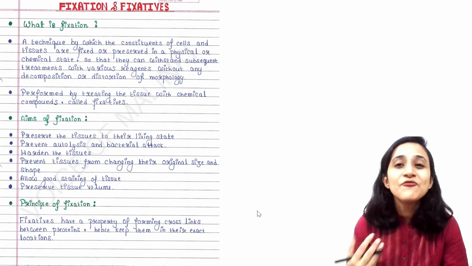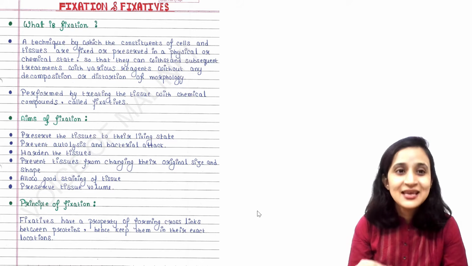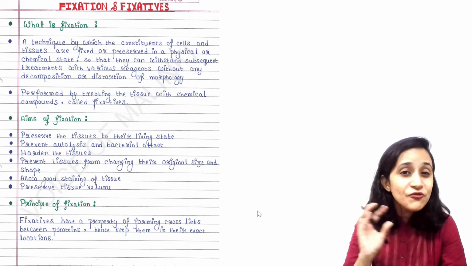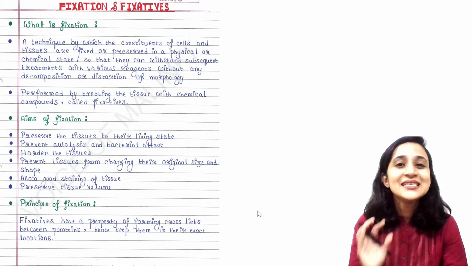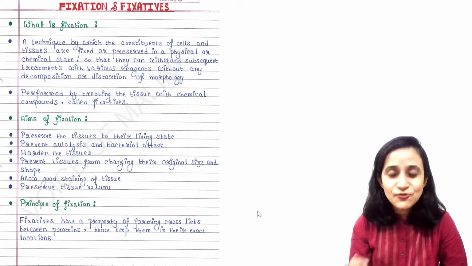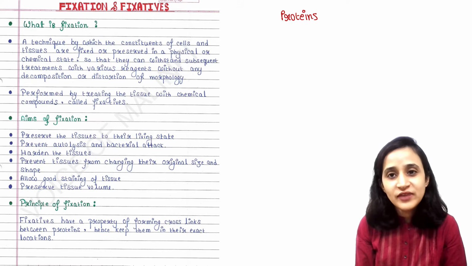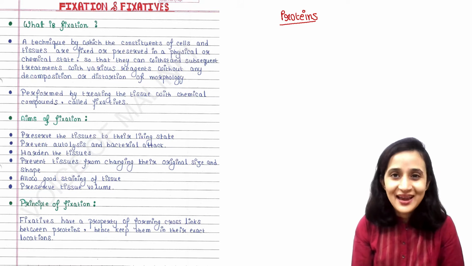So what is fixation? You have to fix. From the name fixation itself, you can understand that you need to fix something in the cell. And here you need to fix proteins. You need to fix proteins inside the cell.